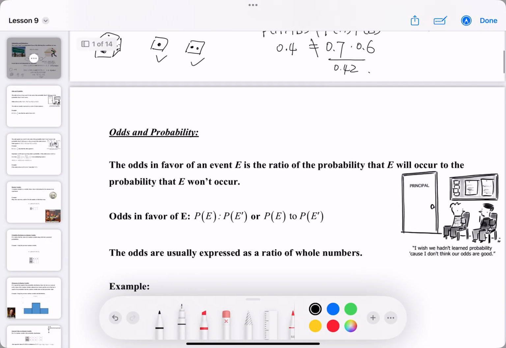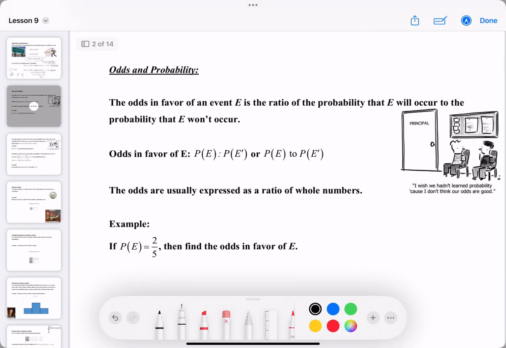All right, odds and probabilities. The odds in favor of an event E is the ratio of the probability that E will occur to the probability that E won't occur. So let's use math to describe the meaning.